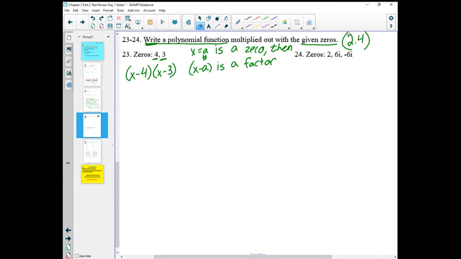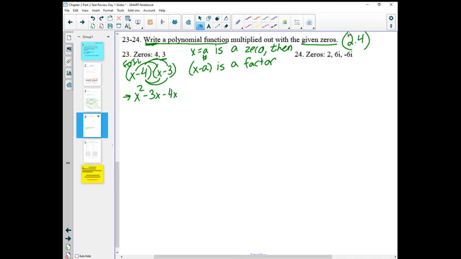Now to write the polynomial, I'm going to FOIL those factors through because they're two binomials, right? x times x is x squared. x times negative 3 is negative 3x. Negative 4 times x is negative 4x.